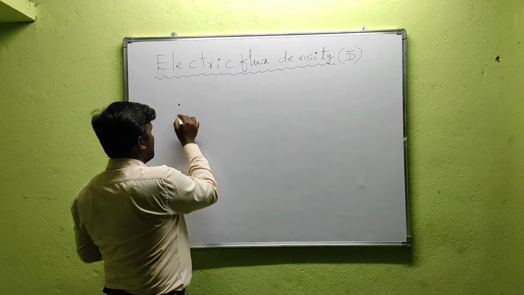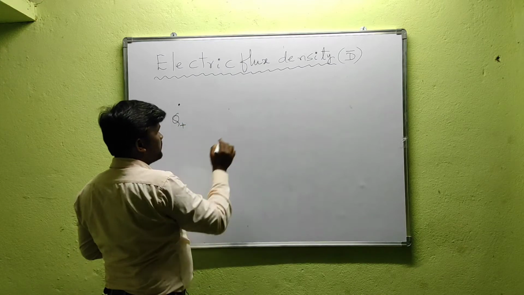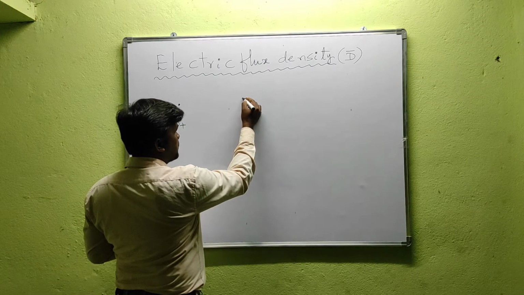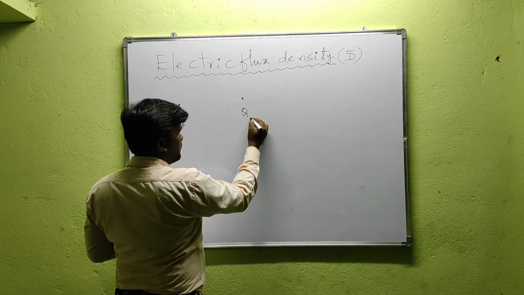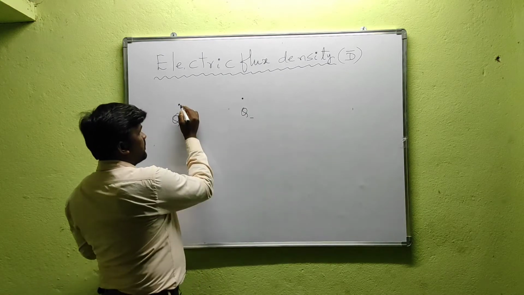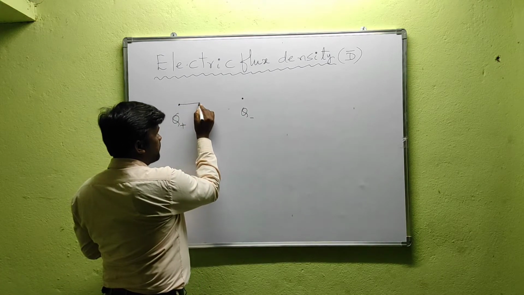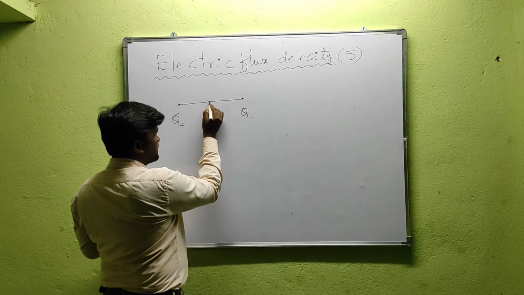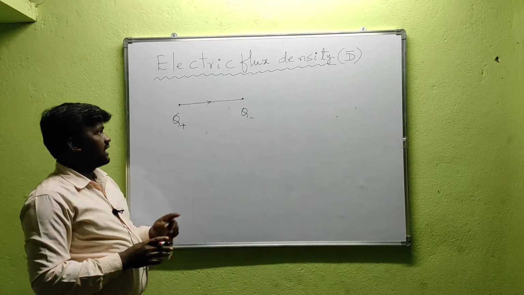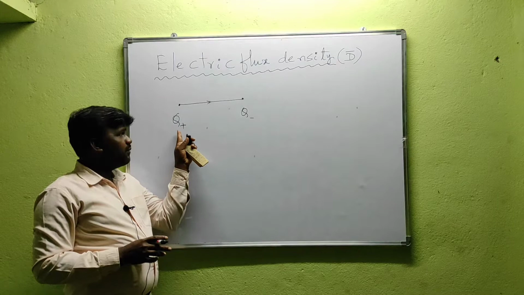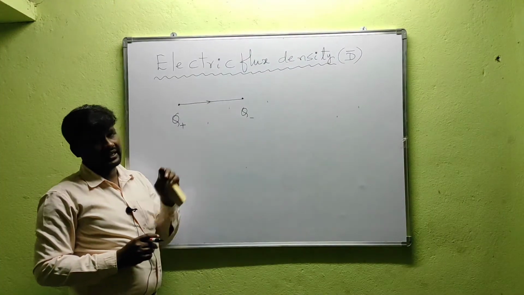Here let us say it is Q positive and another one is Q negative. In this case, field lines are traveling from the positive charge to the negative charge like this. So that means electric flux emanates at the positive charge and terminates at the negative charge.